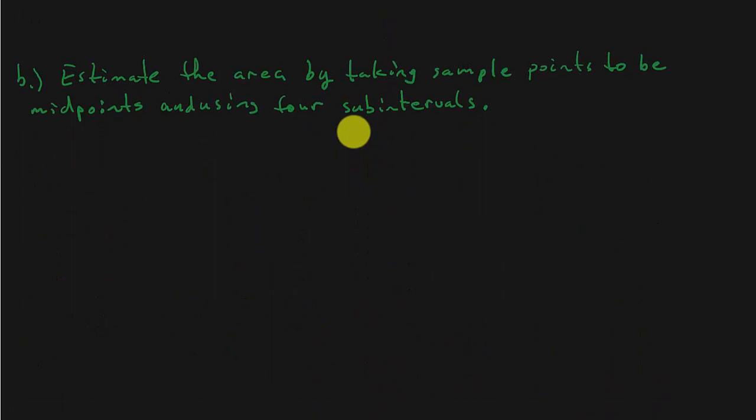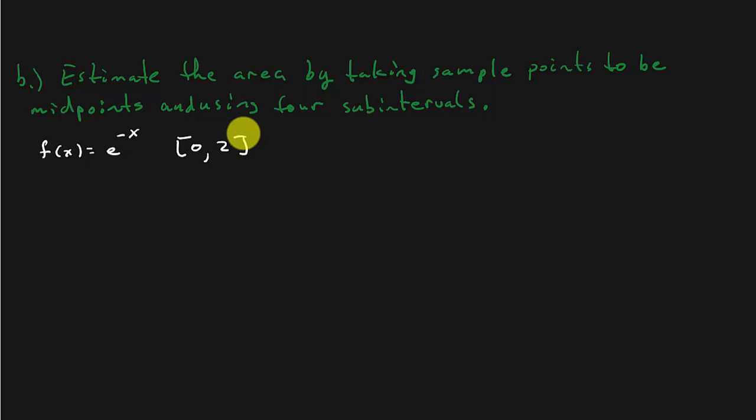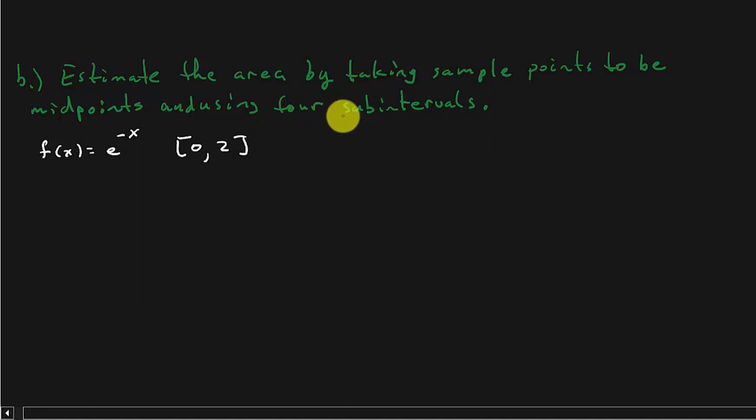We've got f of x is equal to e to the negative x, on the interval 0 to 2. So this problem here is like the first two we worked. They're telling us to use 4 rectangles. And that's what we did in the first problem.